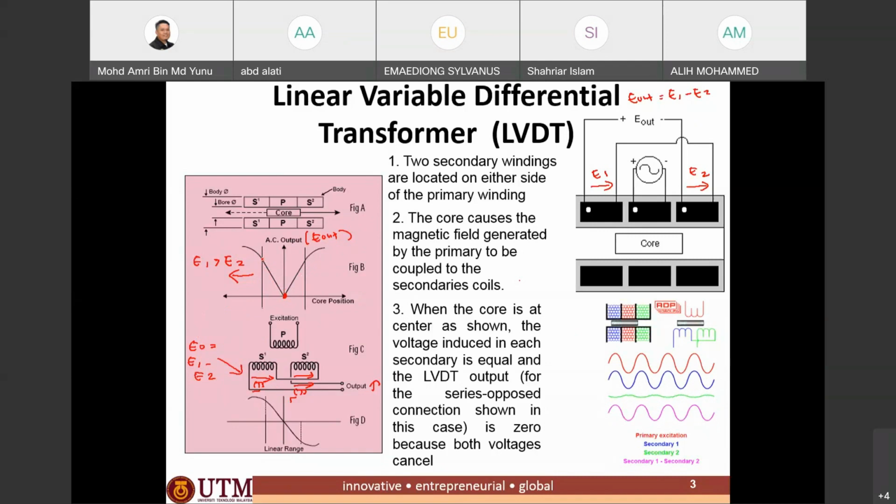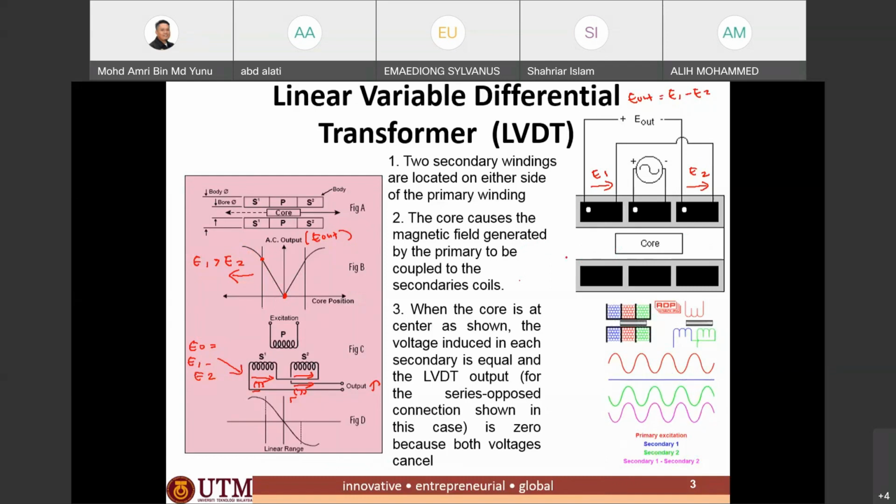But at some point of the displacement to the left, our output E out will start to diminish or disappear, because when it moves further to the left, the core is moving out from the center of the LVDT.